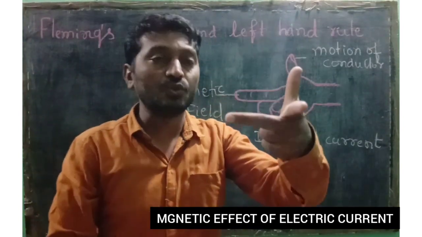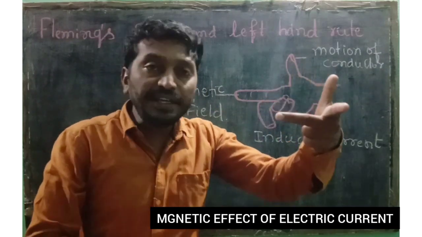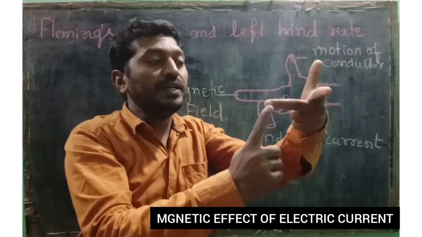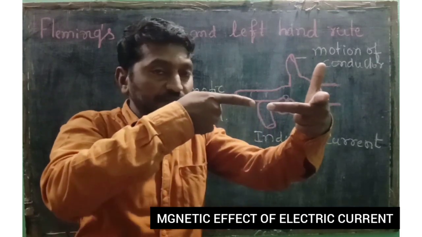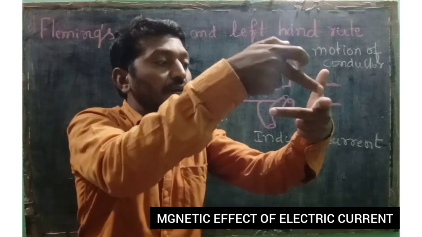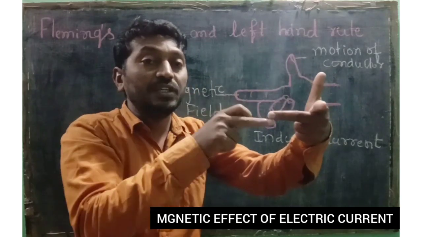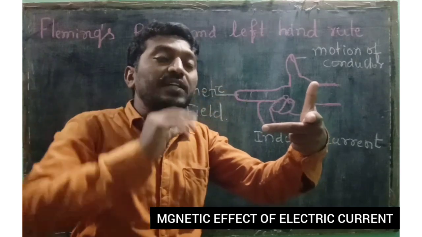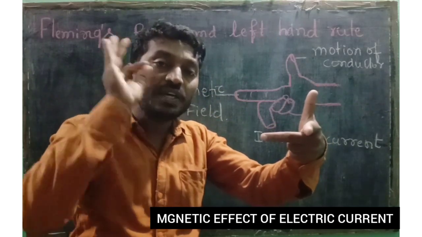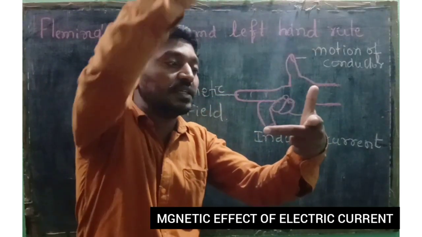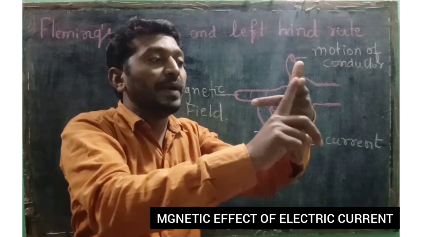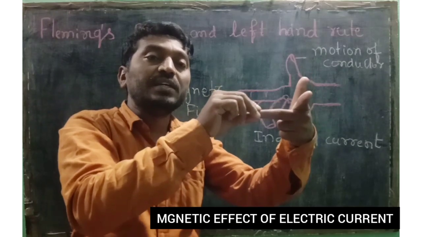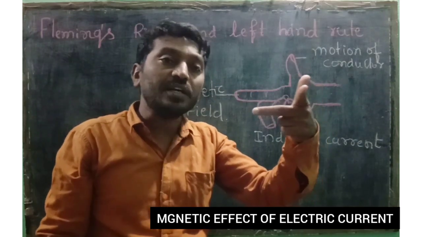Now the left hand rule. Arrange the thumb, forefinger and center finger of the left hand so that they are perpendicular to each other. Then the thumb indicates the force acting on the conductor, the forefinger indicates the magnetic field, and the center finger indicates the current in the conductor.